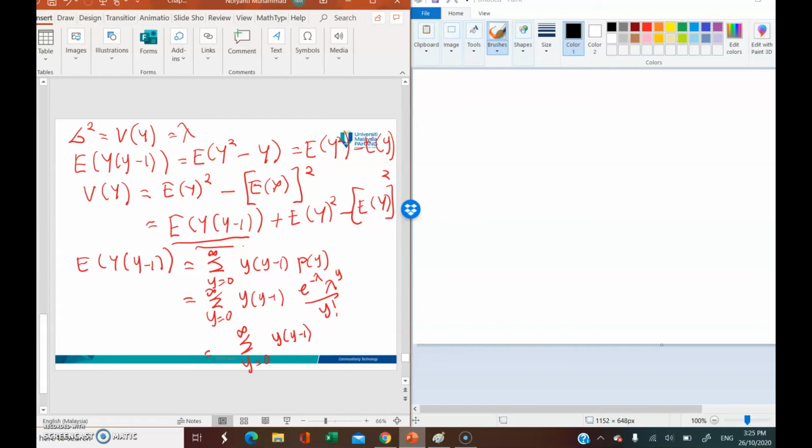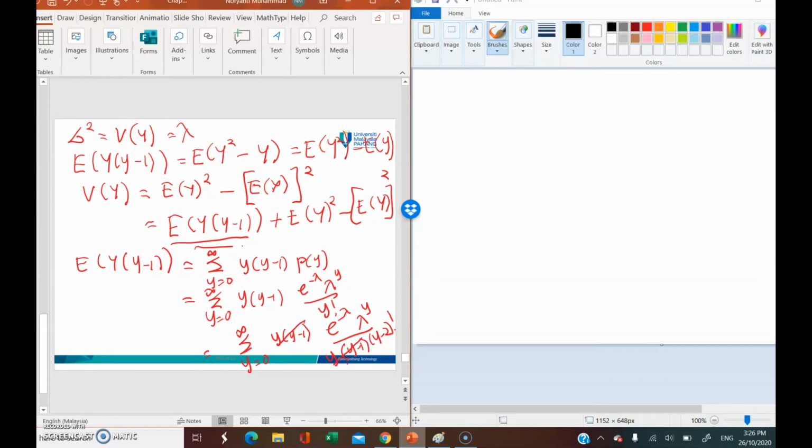Y minus 1, here will be e negative lambda, lambda power y. Here you will get y factorial, which is y, y minus 1, y minus 2 factorial. Okay, so can you see the y(y minus 1) you can cancel out.